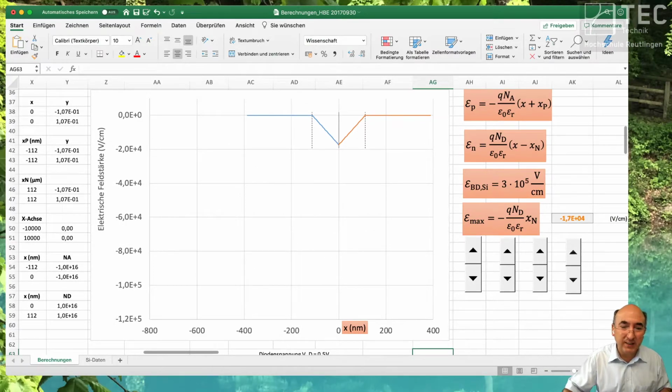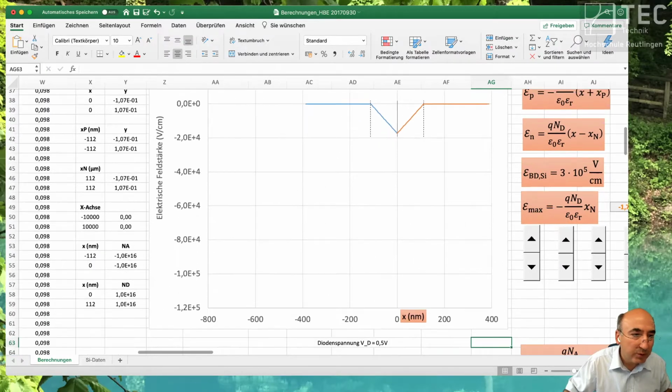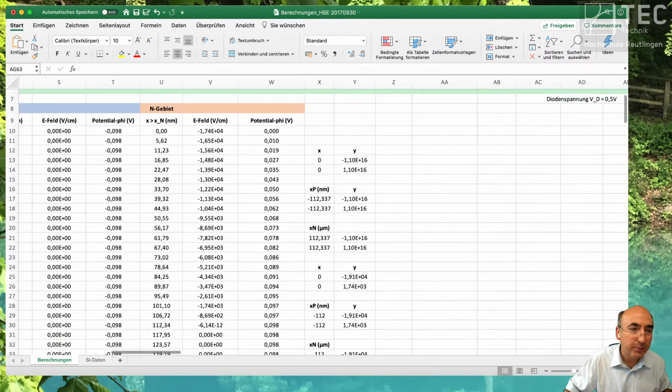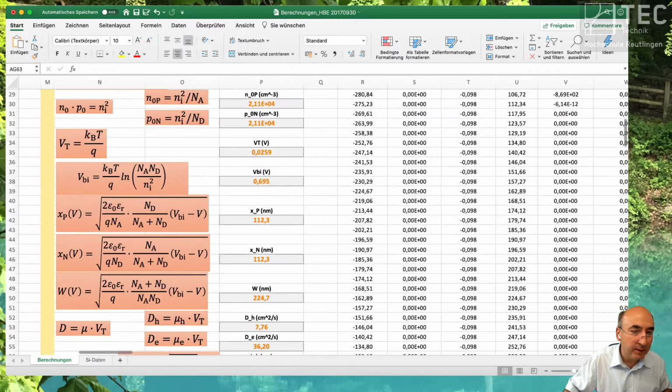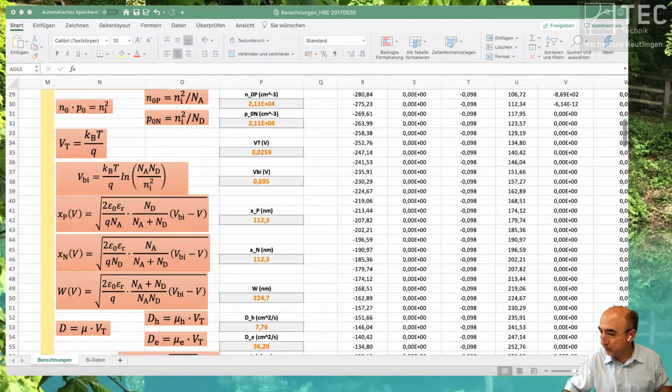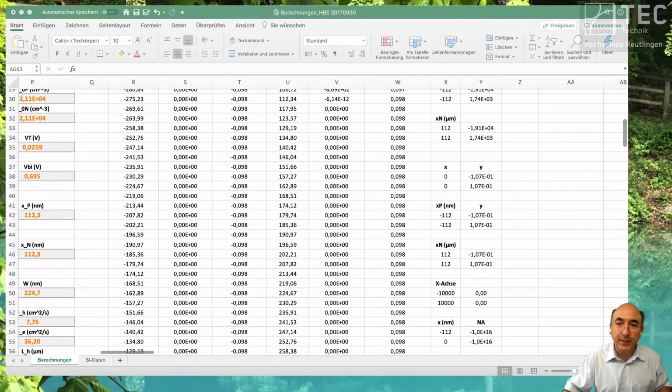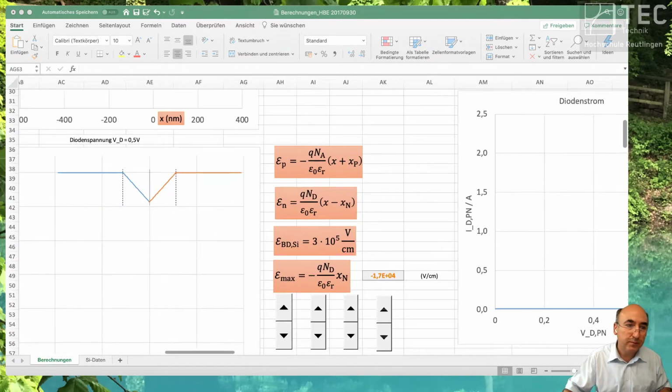You see the scale of the space charge. The space charge scale is 100 nanometer or so. What is the space charge region width? One moment. It is calculated somewhere here. 224 nanometer. You see the value there? Okay. Nanometer scale in the space charge region.